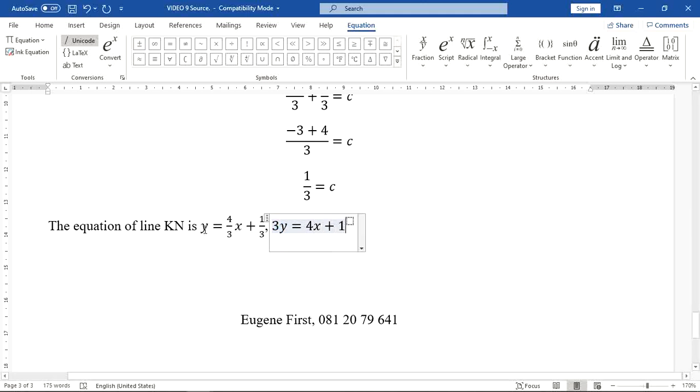So this is the standard equation, and this is the equation without fractions. What we did, we just multiplied everything by 3. So the 3 cancelled here, the 3 cancelled here, and the 3 came here.